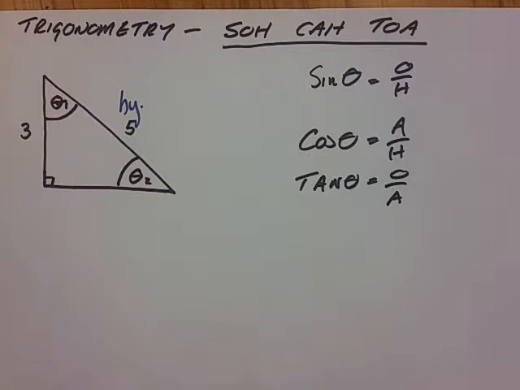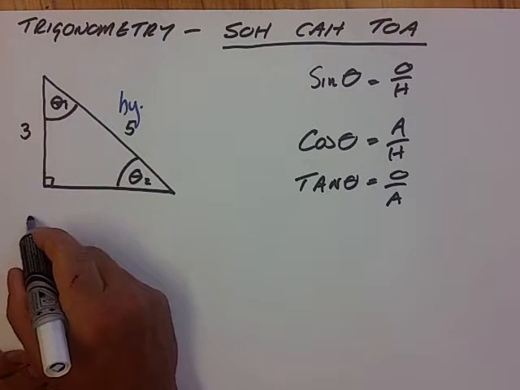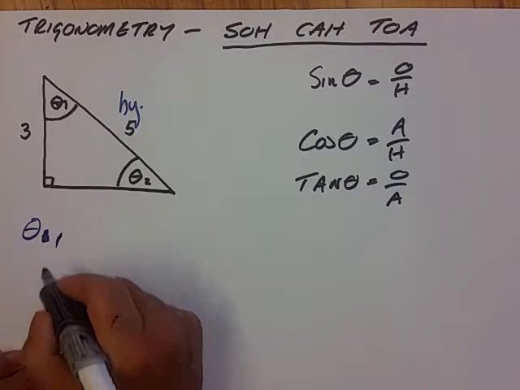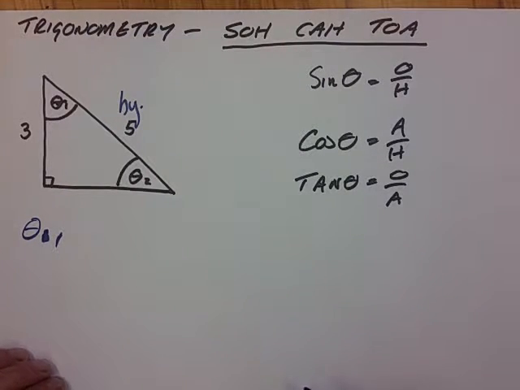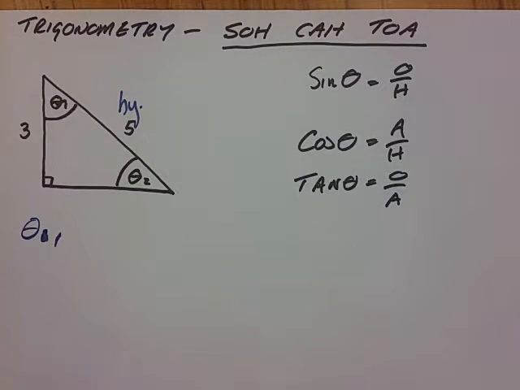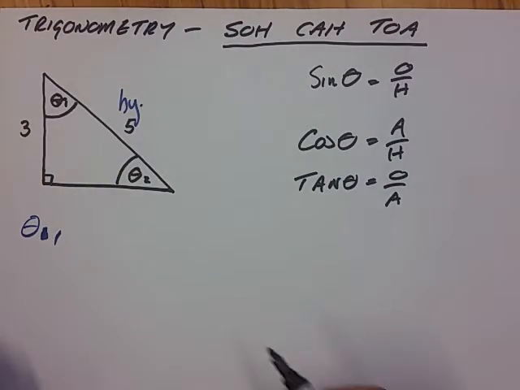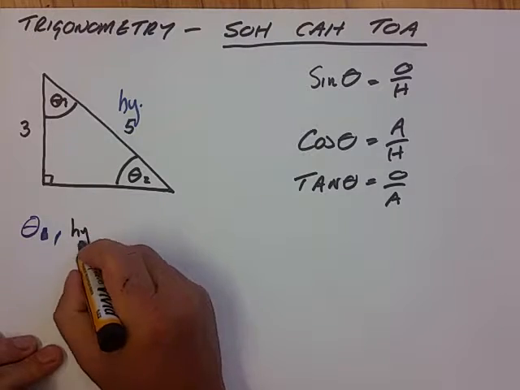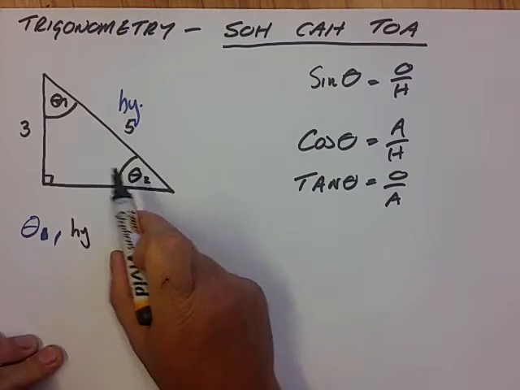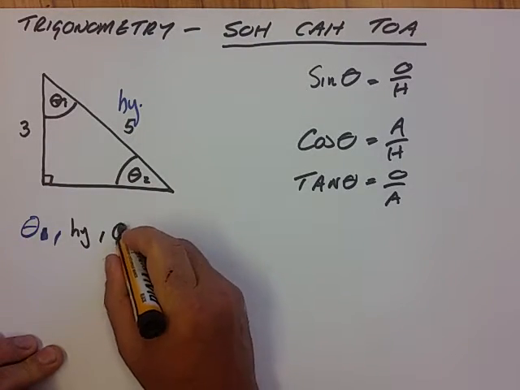Let's jump straight into an example. Let's try and solve theta 2. Okay, so we're looking for theta 2. We then look at what information we have available to us on the triangle. Well, we have the hypotenuse, and if we're looking at theta 2, we have the opposite.